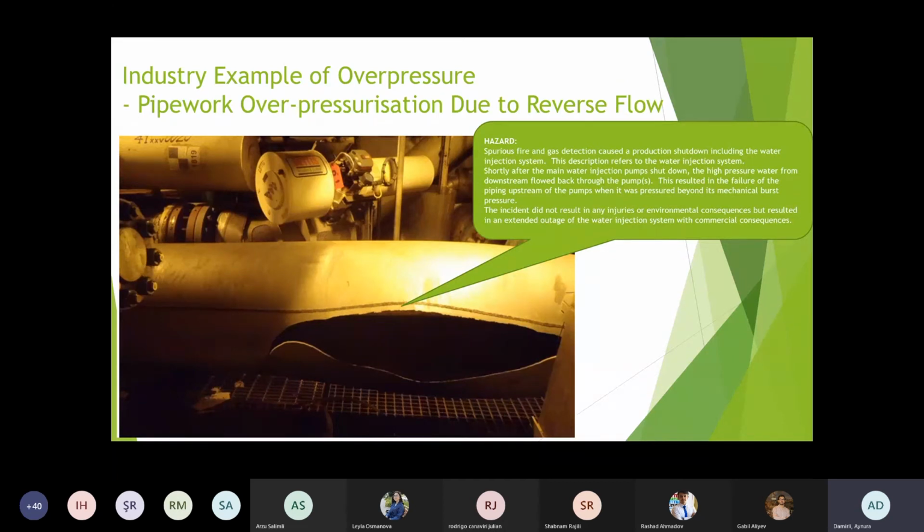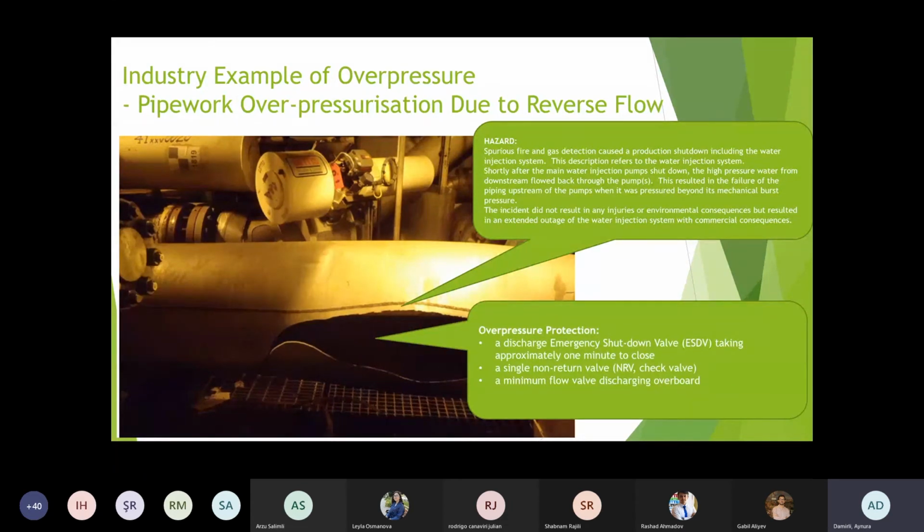But when you look at this picture, your first view is that there was no overpressure protection, but actually there were three types of overpressure protection: a discharge emergency shutdown valve, which takes approximately 1 minute to close; a single non-return valve, NRV, or check valve; and a minimum flow valve discharging overboard.